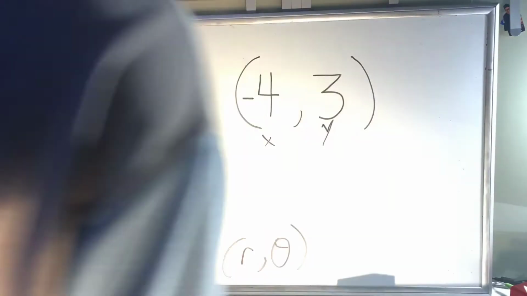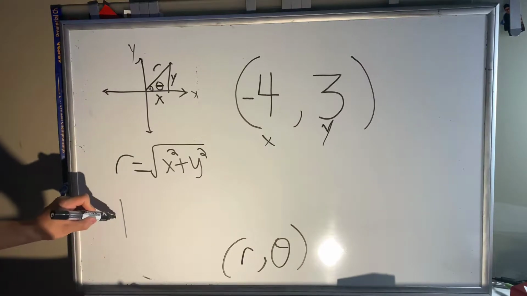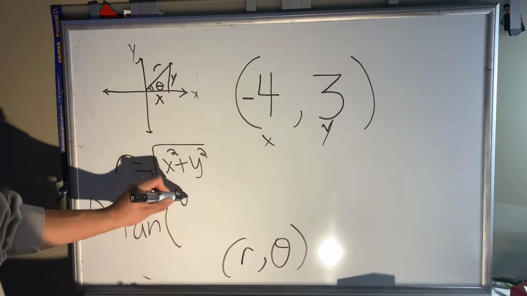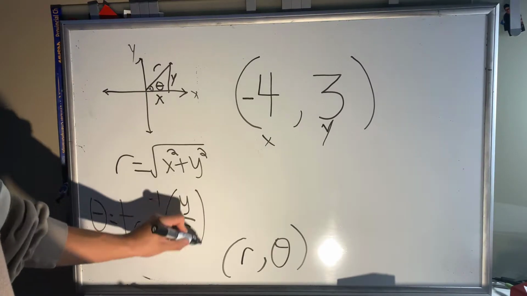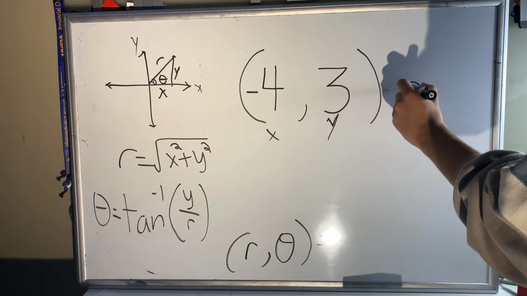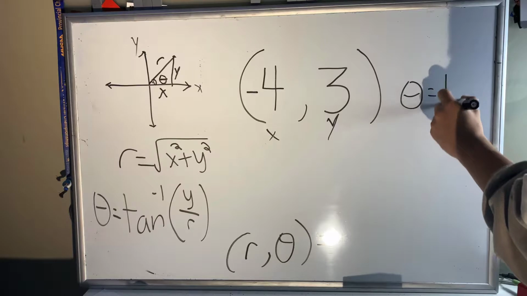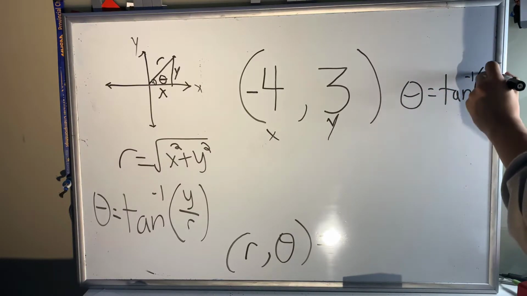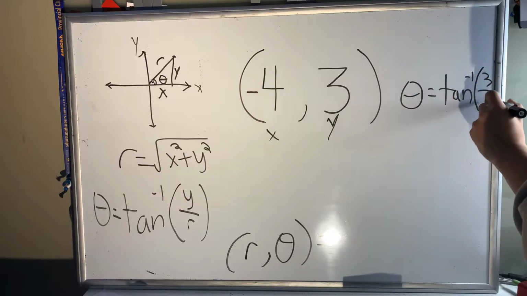Well, we can easily calculate theta by using the inverse of tan of y over x. Let's try it out. I'm going to calculate theta first, right here. Theta equals inverse tan of 3 over negative 4.